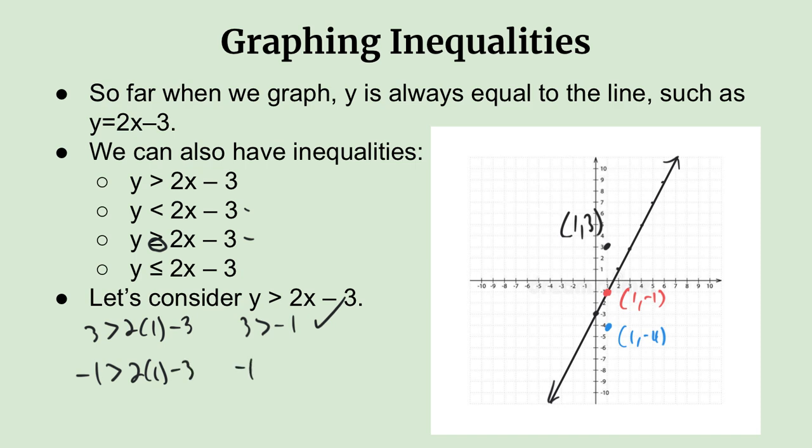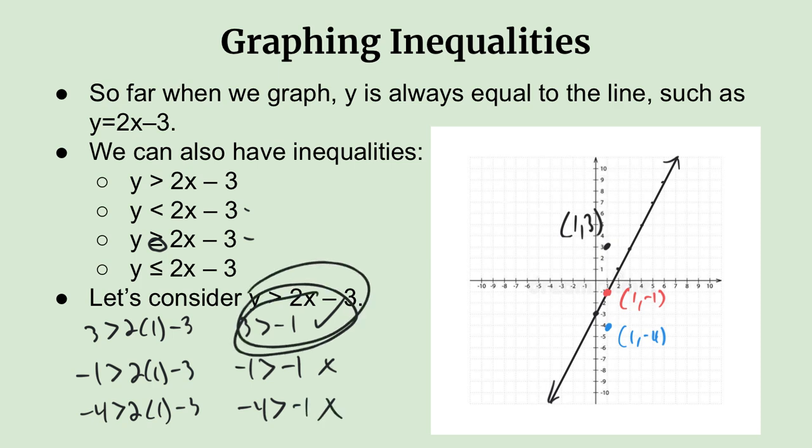We get -1 is greater than -1. That would be incorrect because they're the same. -1's not greater than the other one. And then lastly, we get -4 is greater than 2 times 1 minus 3. So -4 is greater than -1 yet again. That would be incorrect.